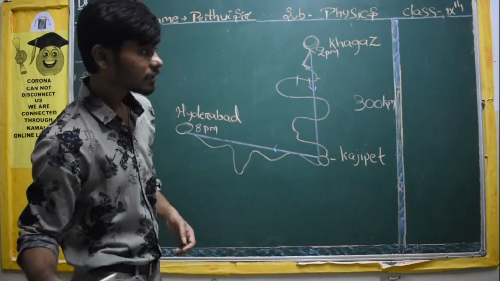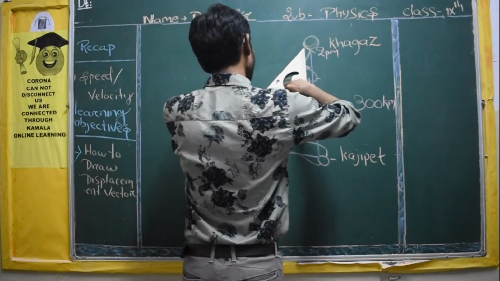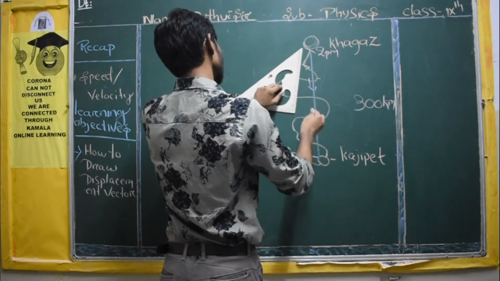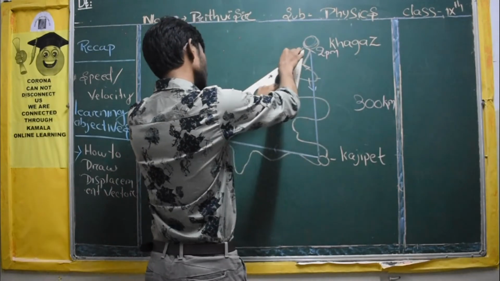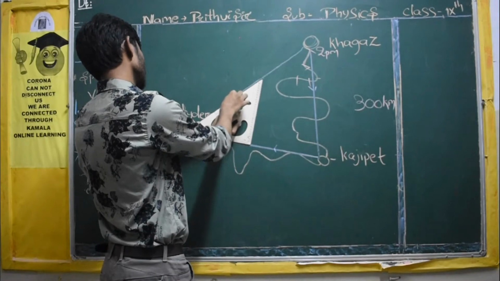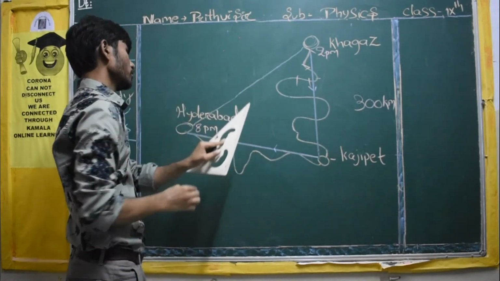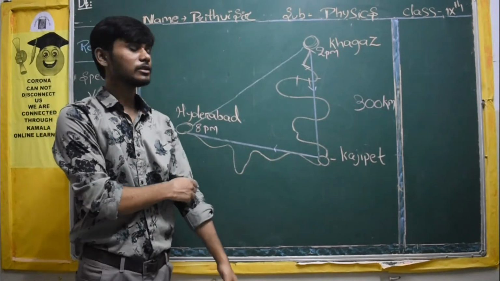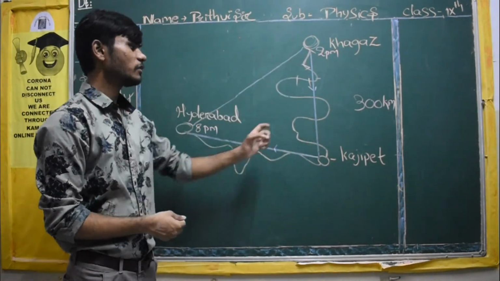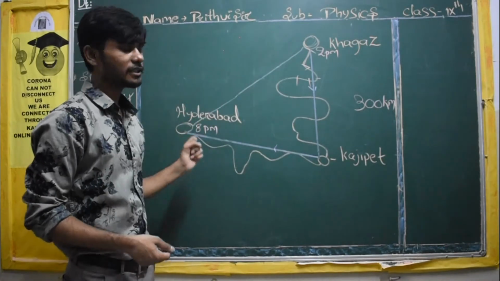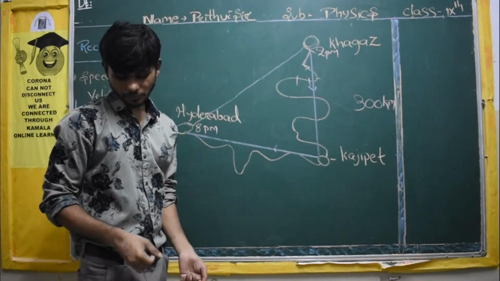And again, are you sure it is the shortest possible path? No. Which will be the shortest possible path? This one. But what your question says is that it has to reach Kazipet, so that is why this is the right one. If Kazipet is not necessary, then from Kagasnagar to Hyderabad this is the direct line.